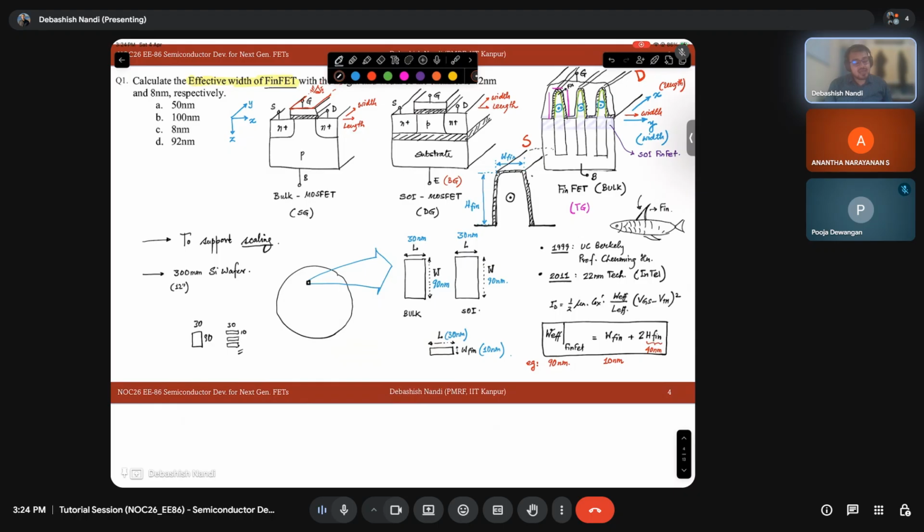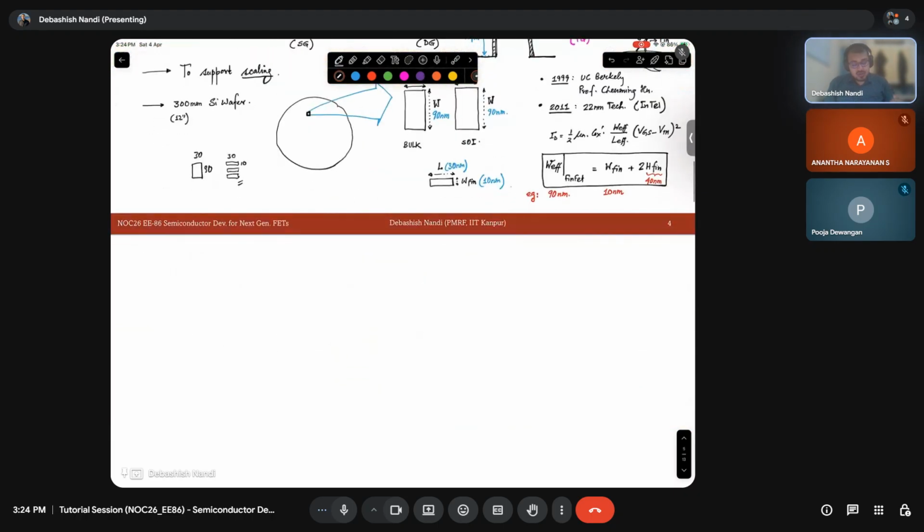So basically what we are doing, we are taking advantage of the, so how many dimensions did I have? I had three dimensions, right? But we always talk about transport in this plane, this XY plane only. But in case of FinFET, what am I taking advantage of?